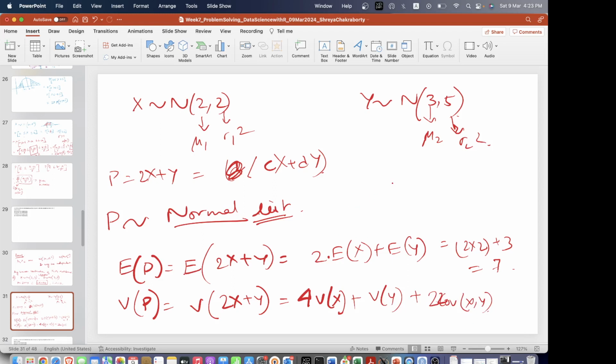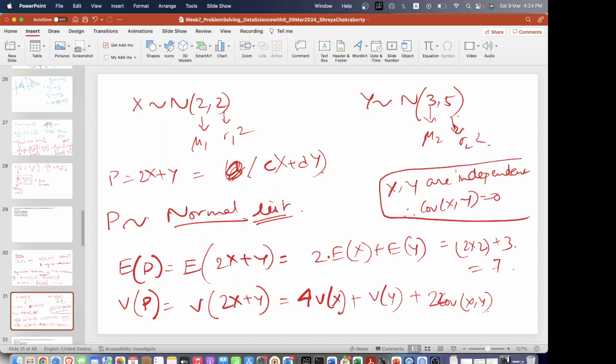Since we have said that x and y are independent, therefore covariance between x and y will be equal to 0. This will only hold when x and y are independent. So then this would become 4 variance of x plus variance of y, and that would be 4 into 2 plus 3, it is 8 plus 3, 11. So p would be normally distributed with mean 7 and variance sigma square equal to 11. Alright.